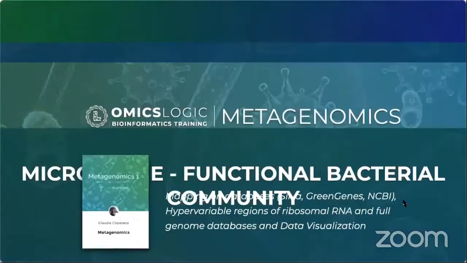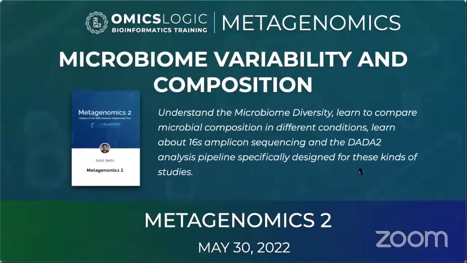Then we will go on to visualize 16S metagenomics data. Here we are going to understand microbiome variability using amplicon sequencing, and use 16S rRNA sequencing for the identification of microorganisms to study microbial communities.